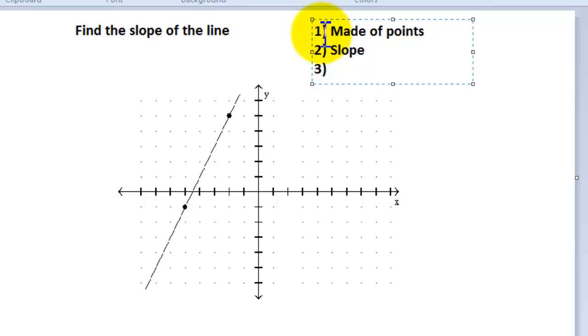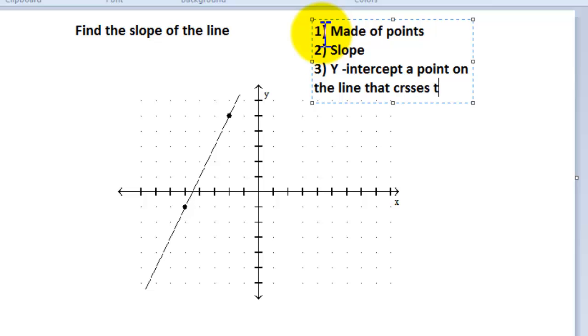Okay, so you will have a y-intercept, which is a point on the line that crosses the y-axis. And the x-intercept is the opposite of that.